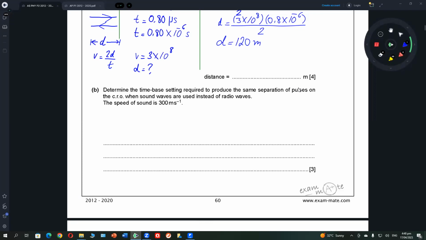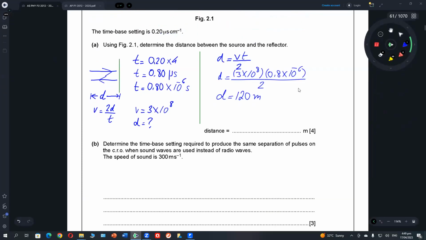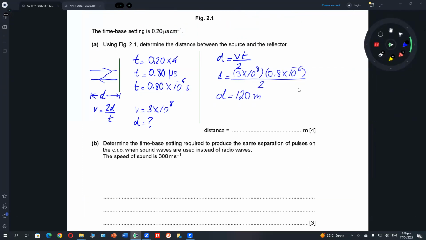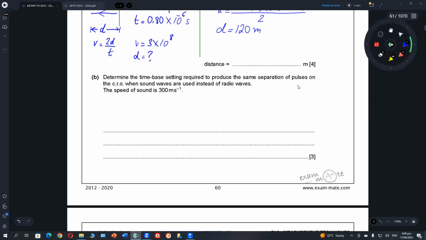D cannot change, time will change. Our scale was 0.20 microsecond per centimeter. So what I should do is take a ratio, because other factors are the same.